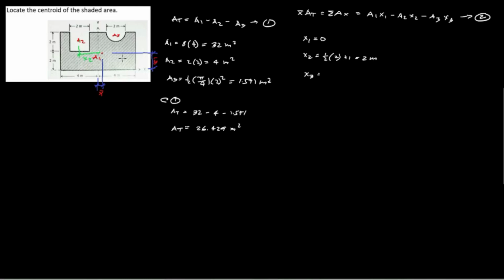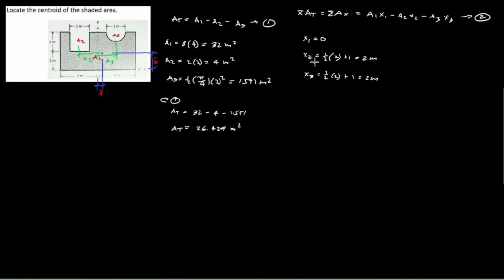x sub 3 is the half circle. The distance from this point up to the centroid of the half circle is 1/2 of the diameter, so 1/2 of 2 meters, plus from this point up to the y coordinate, 4 meters minus 2 meters divided by 2, which is 1. So 1 plus 1 is 2 meters.